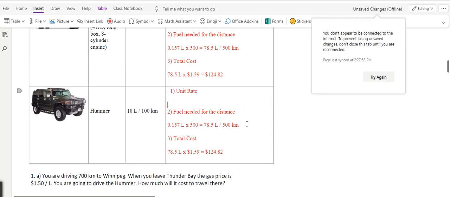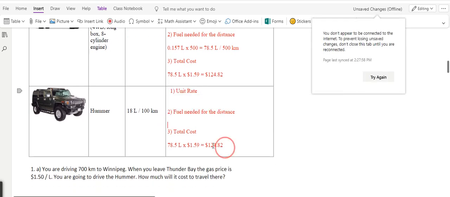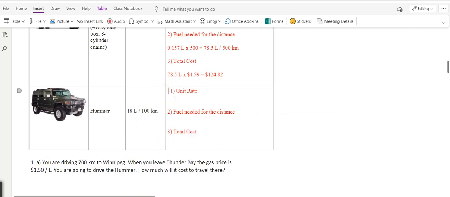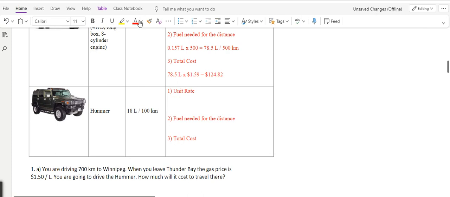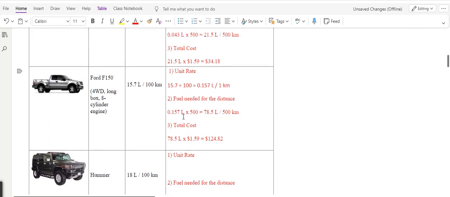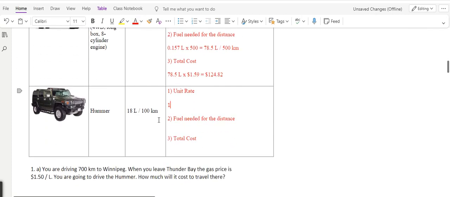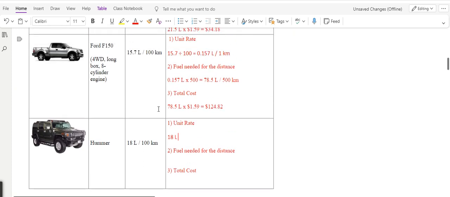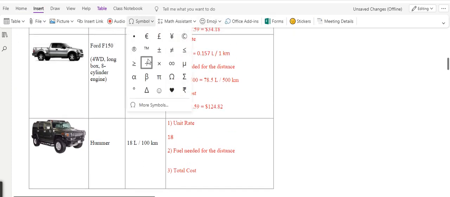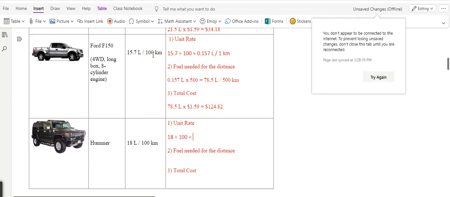And so again, we take our 3 components. And so the unit rate for us is going to be this 18 divided by 100. So that's going to be 0.18 liters for 1 kilometer.